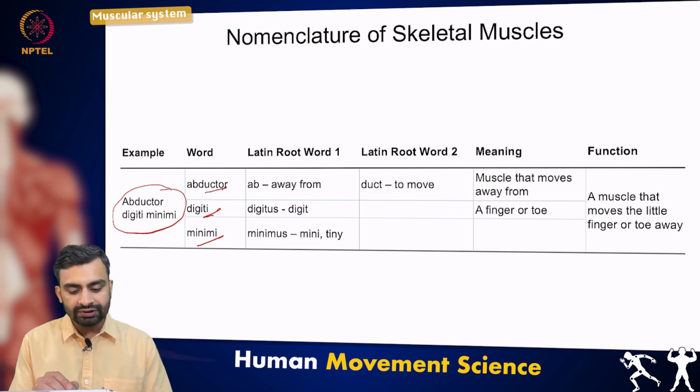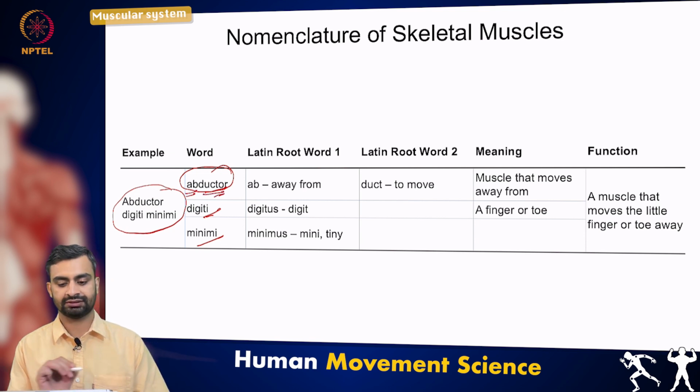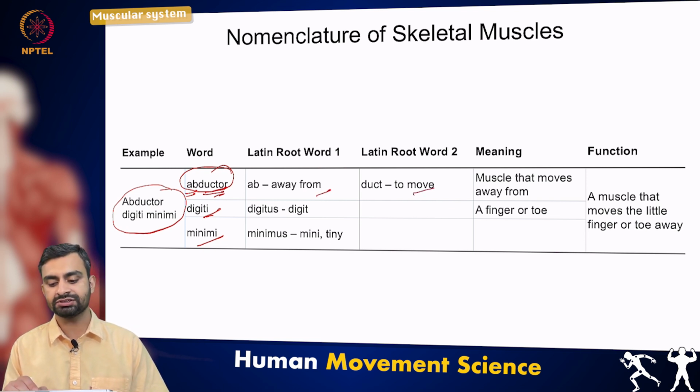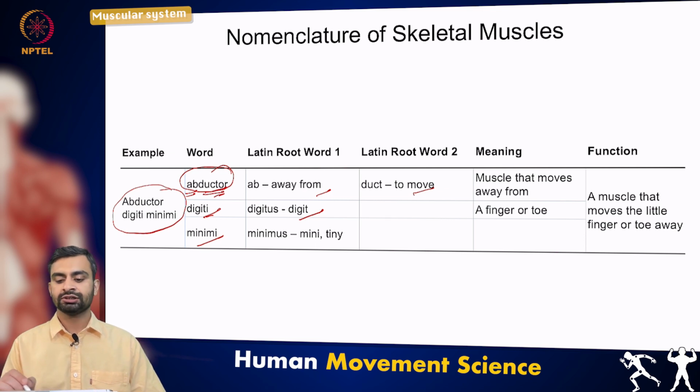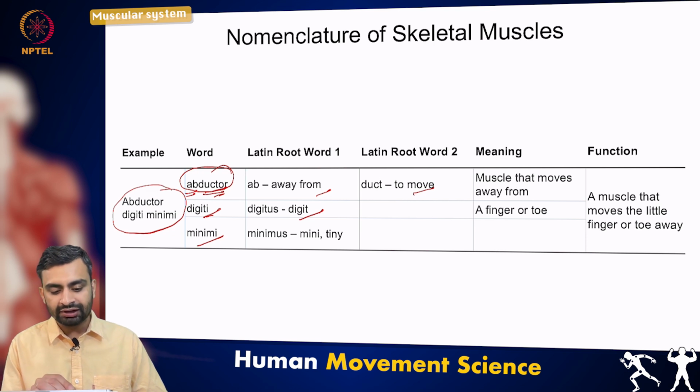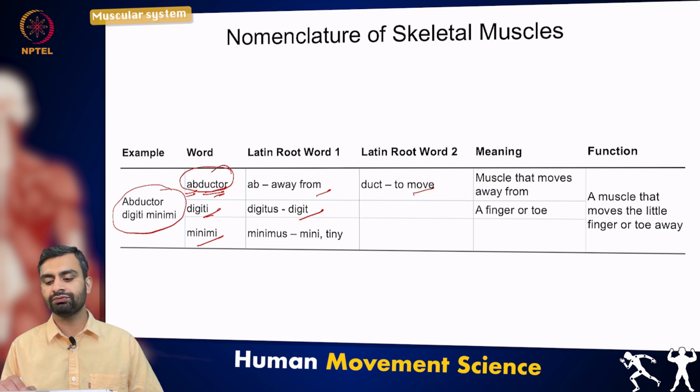The first word is a combination of two parts, ab and ductor. Ab in Latin means away from, and duct means move. Similarly, digitus in Latin means digit, and minimus means mini or tiny. So overall, what does this mean? From abductor, a muscle that moves away from, and digiti leads to a finger or toe.